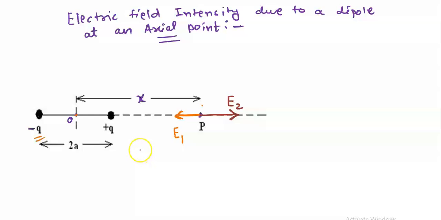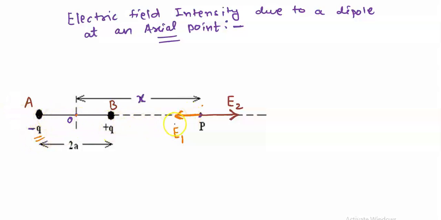What might be the reason behind it? You know that these two charges are equal in magnitude, as it is clearly visible. However, you also know that their distances are different. If we talk about the distance of the negative charge from this point P, this distance is more, correct or not?